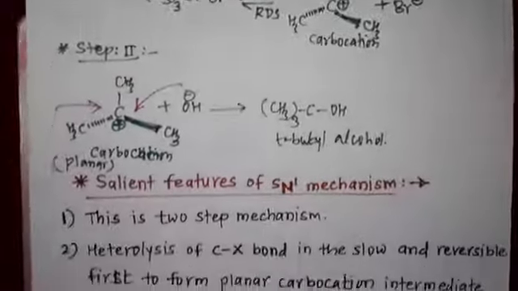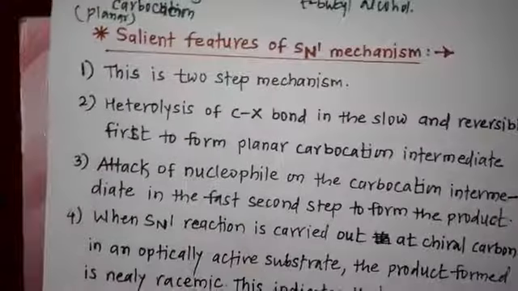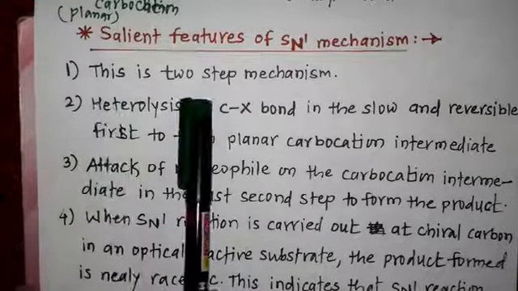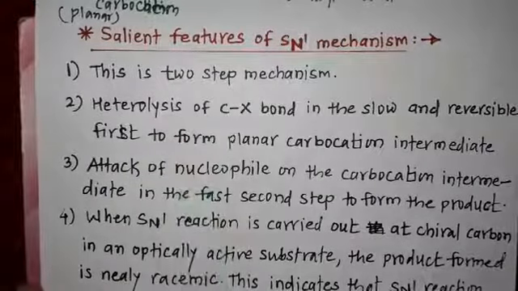Now we see the salient features of the SN1 reaction mechanism. How does this reaction mechanism take place? What factors affect this mechanism? Here we study the salient features of the SN1 mechanism. The first point is that this is a two-step mechanism.